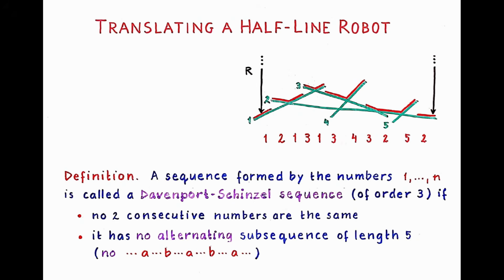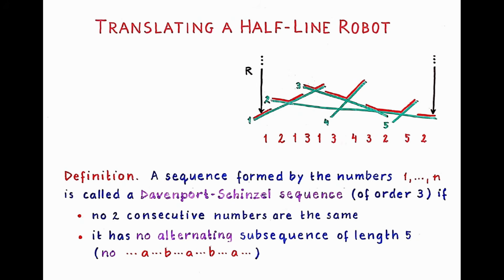The first property is that no two consecutive numbers are the same. This is just by definition. And the second one is that the sequence has no alternating subsequence of length 5. So no A, B, A, B, A. When I say A, B, A, B, A, there are dots in between, which means that between this A and B, there can be an arbitrary number of other symbols.